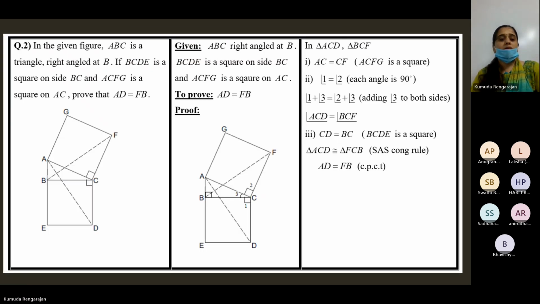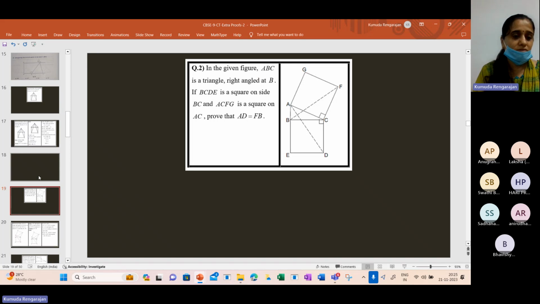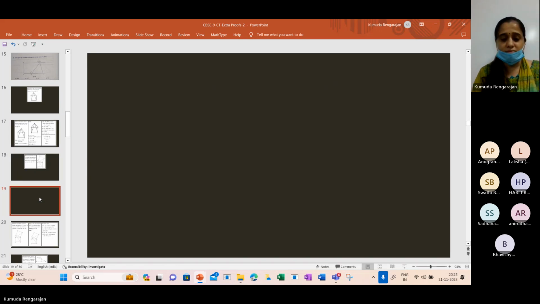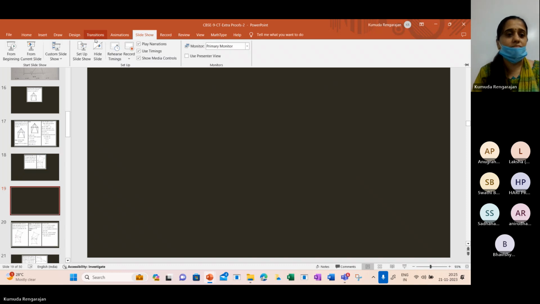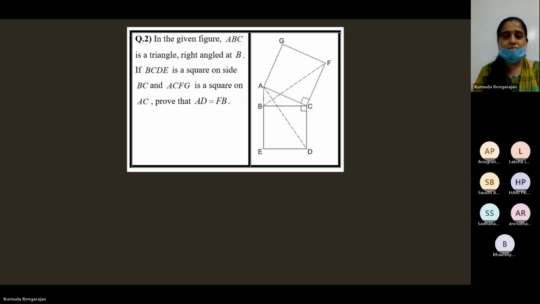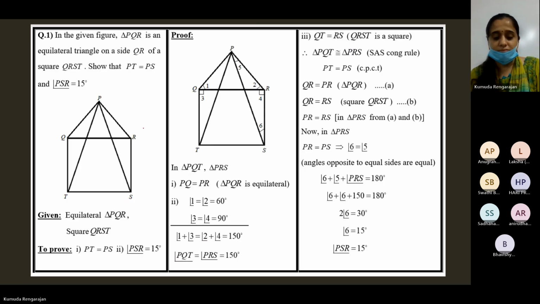Okay. So here in this figure, we have a right triangle ABC. Can you see the right triangle? Let me take an empty slide. One minute. So we have a right triangle.